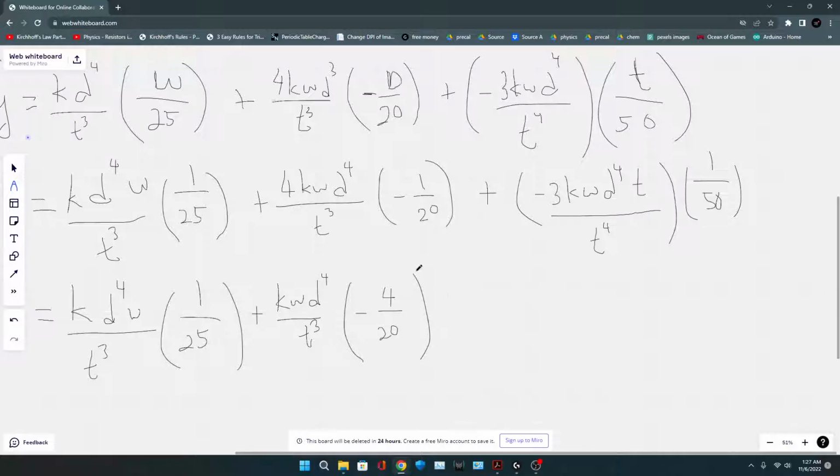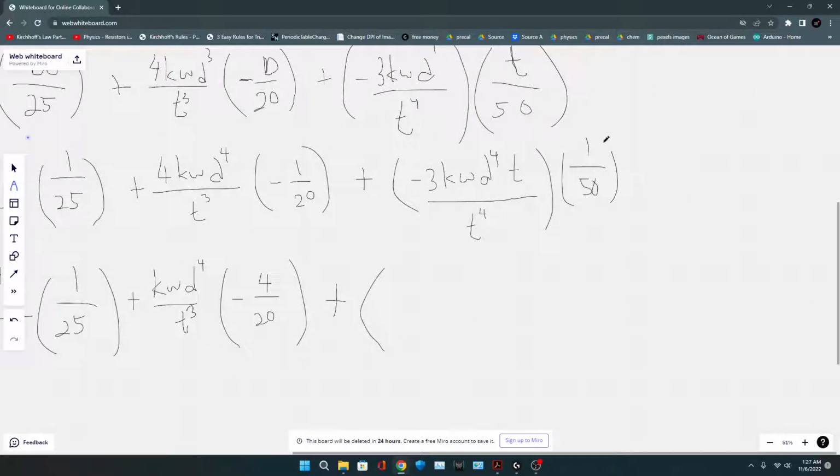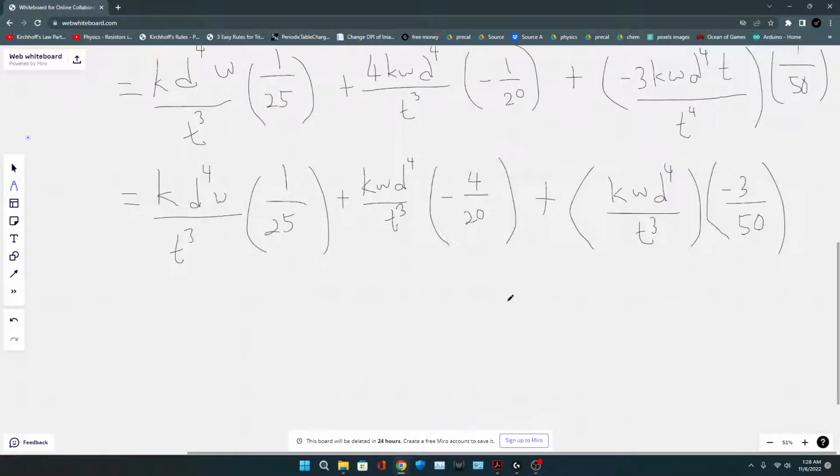Maknanya ni 4/1 darab dengan negatif 1/20, dapat negatif 4/20. So plus with, okay, negatif 3 bawa pergi sini, so nanti dia akan dapat KWD to the power of 4 over, ni T boleh potong, so bawah T jadi T cube lah. So negatif 3 bawa ke sini dapat negatif 3/50, okay, sebab negatif 3 darab dengan 1/50 dapat negatif 3/50.